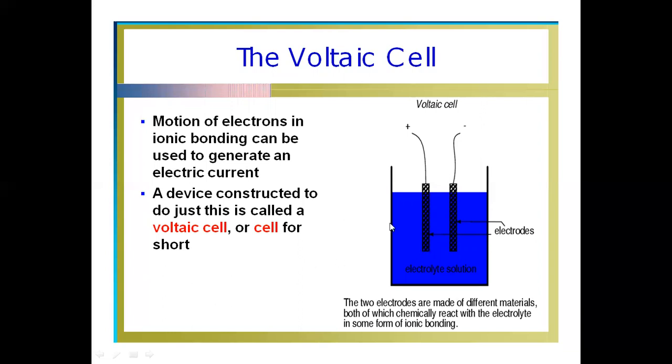The motion of electrons in ionic bonding can be used to generate an electric current. No doubt, whenever there is the motion of electrons, it is nothing but the current. A device constructed to do just this is called a voltaic cell, or cell for short. So we generally call it a cell.